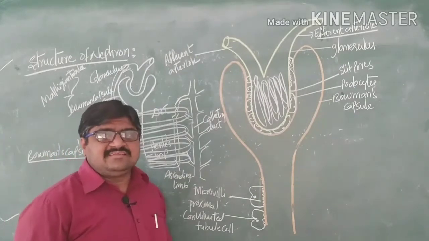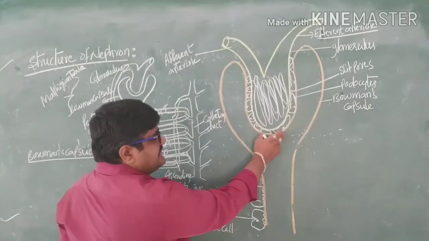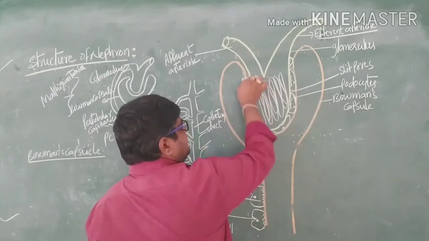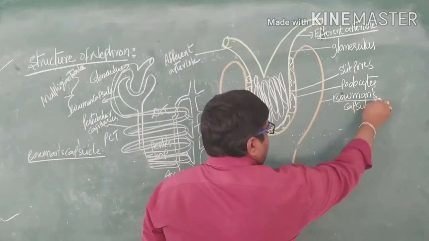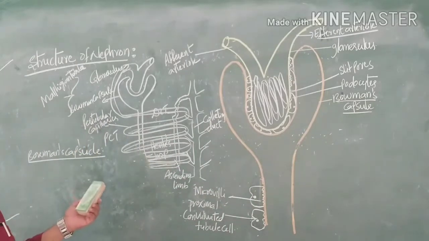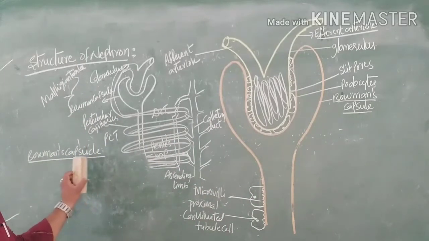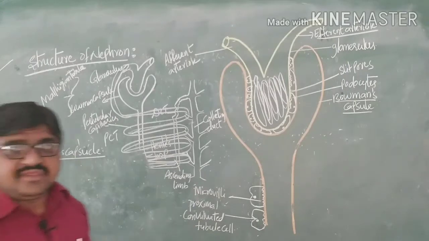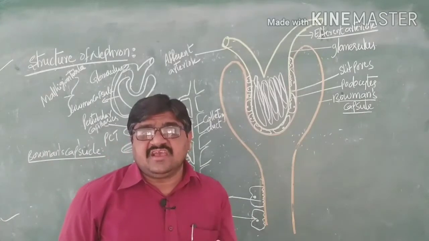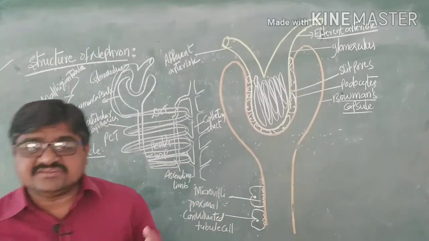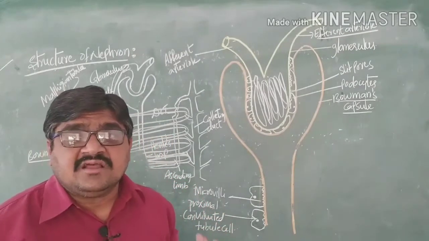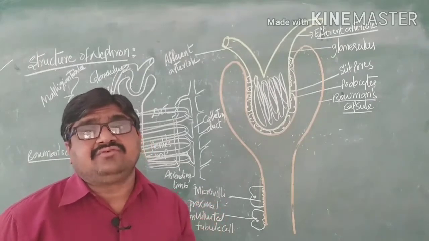Bowman's capsule is a cup-shaped structure. It is a cup-shaped or a bowl-shaped structure, and we can call that the Bowman's capsule.